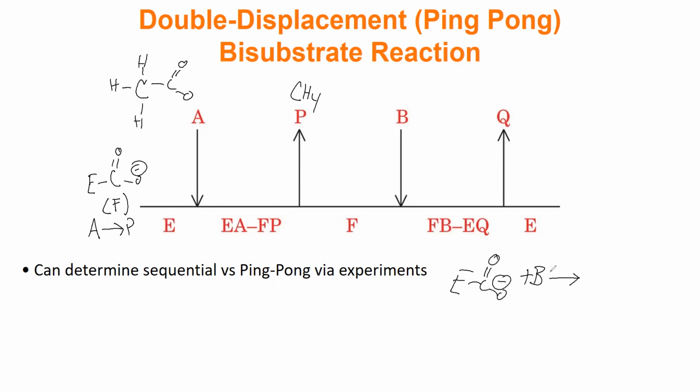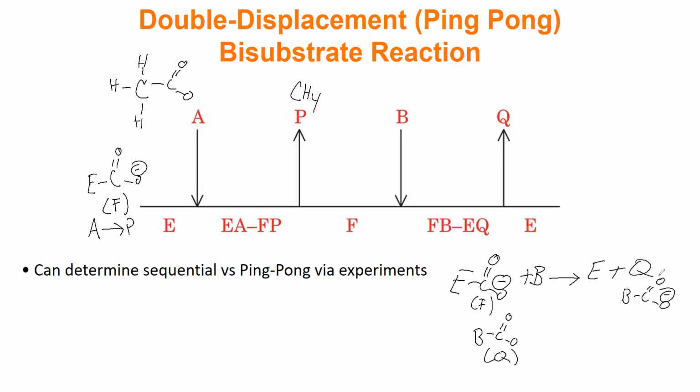Well, maybe we add the functional group to molecule B and we call this Q because it's a different molecule. Remember, we were calling this F. And so we go back to E without any carboxyl group, so that's good. And we make something else, Q, which is just B with our carboxyl group there. So that's an example of what double displacement or ping pong means.